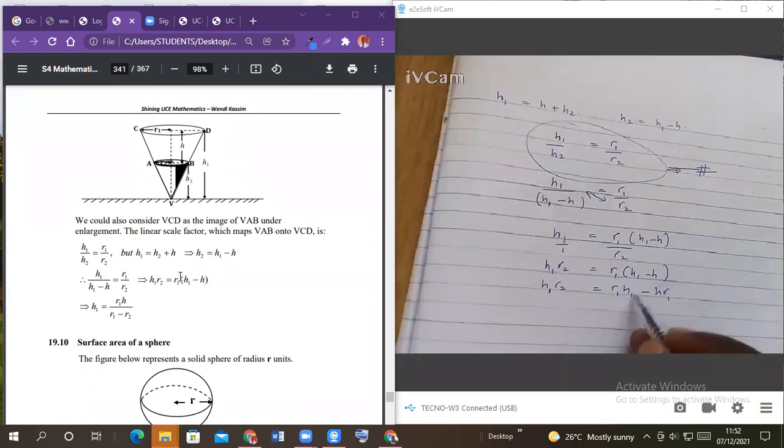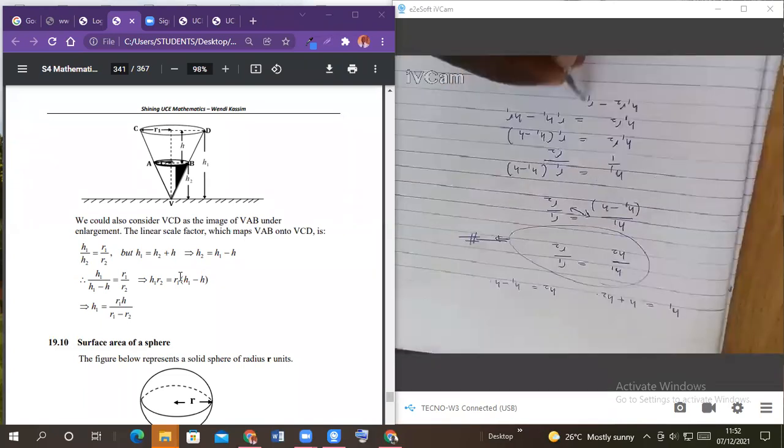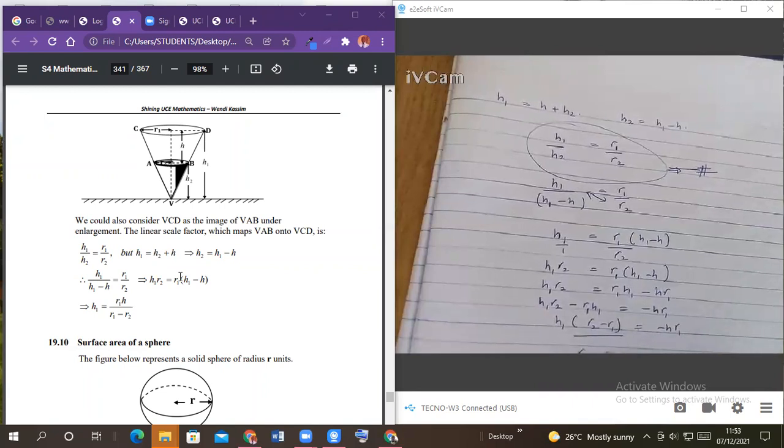So here we collect like terms and we shall have h1 R2 minus R1 h1 equal to negative hR1. And here we shall factorize out h1 and we shall have h1 into R2 minus R1 equal to negative hR1. So if we divide by R2 minus R1, we get h1 as negative hR1 over R2 minus R1.